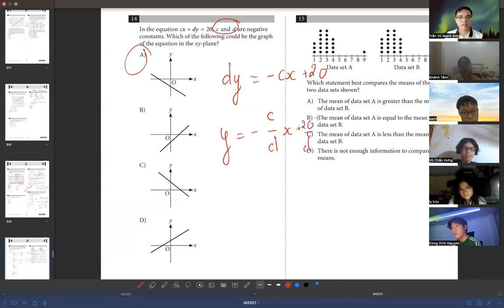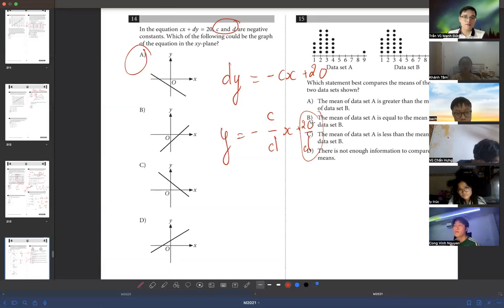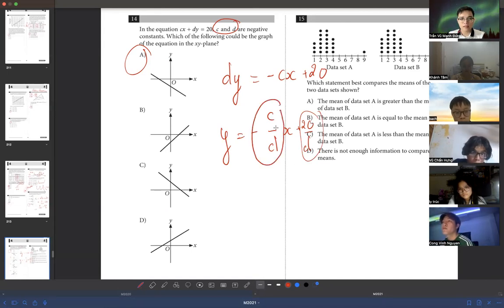In this case, is 20 over d negative or positive? Ving, do you know 20 over d? Is it negative or positive? It's negative.